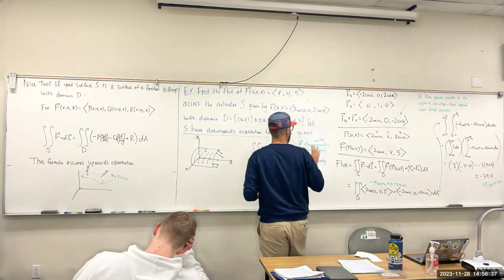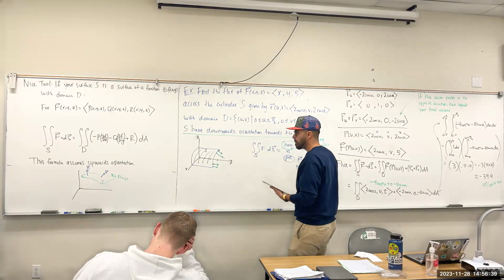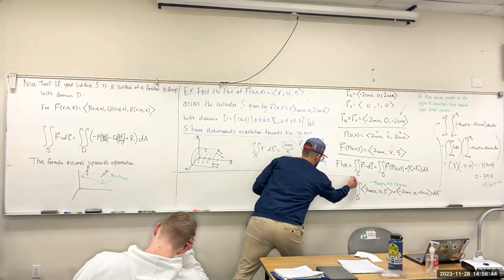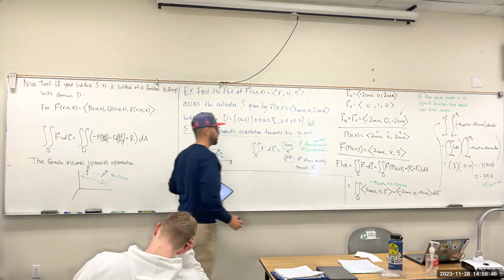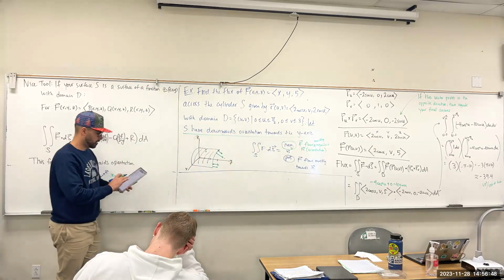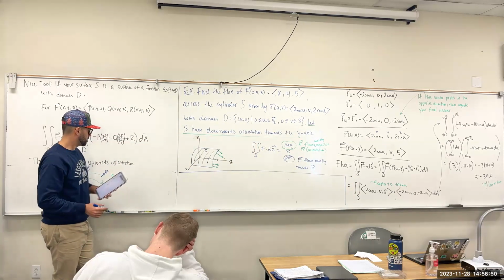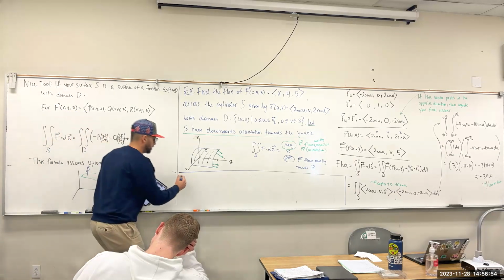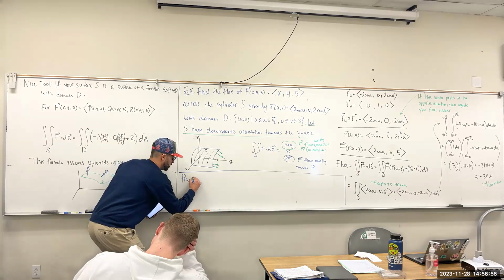I don't want to erase any of this stuff here, so I'm going to squish it right here, so that you guys can use some of this if you need to. All right, so here, I want you guys to try one.